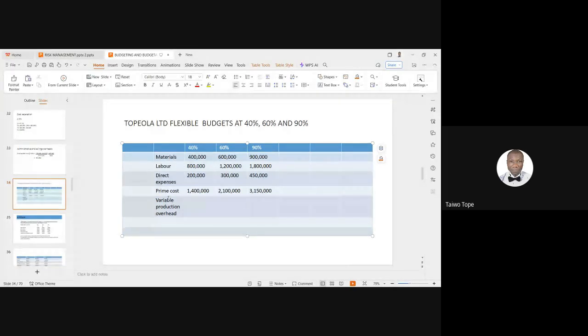So variable production overhead is what? Please, I'll show it though. 160,000. At 60%, it will be what? 240,000. Okay. Yes. So we are not going 90%. To remove the fixed cost in 40%.